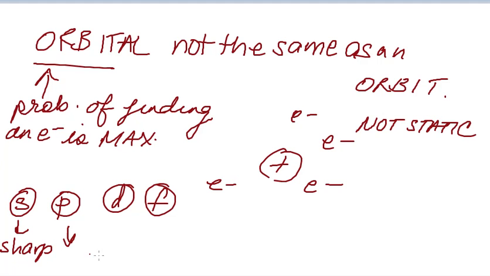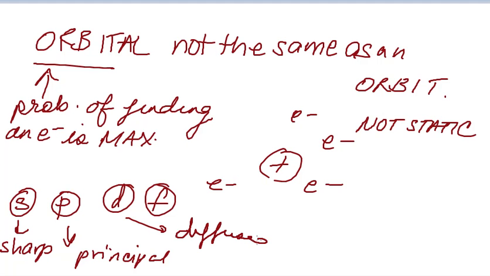S comes from sharp, P comes from principal, D comes from diffuse, and the letter F comes from fundamental. These names were formerly given to the spectral lines that were observed when they were doing experiments on atomic spectra. So that's where these names come from.